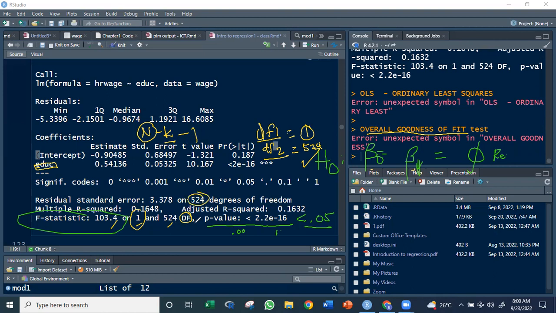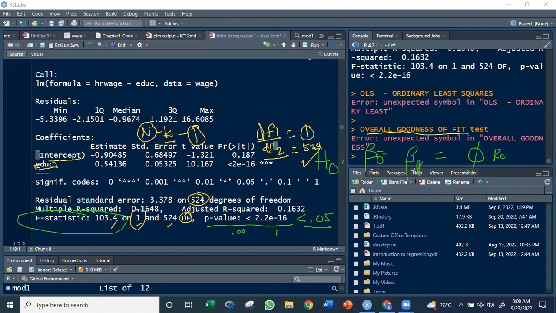That's your degree of freedom 2. Now the minus 1 here accounts for the intercept. There is 1 degree of freedom lost because we still estimate the intercept. So I hope this is clear to us, class.